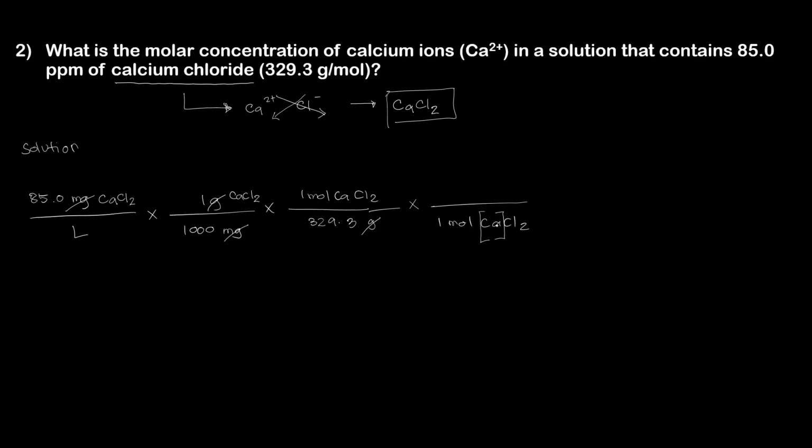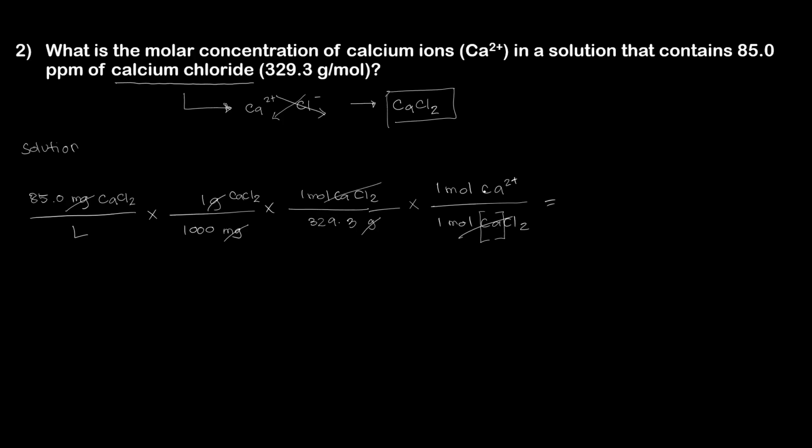If we focus on Ca, there is only one Ca. When we focus on Cl2, there are two Cl. But we're asked for the calcium ion, so let's focus on Ca, which is also 1 mole. So this is simply a 1-to-1 ratio. Then we can cancel 1 mole of CaCl2.